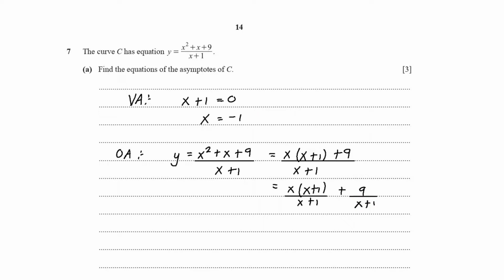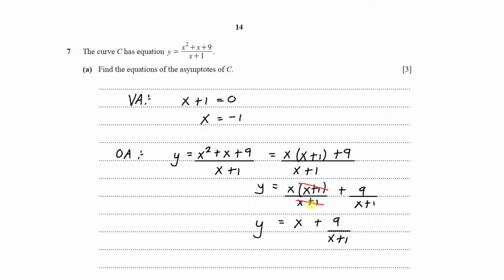Alright, so you can notice that we can cancel out the x + 1s here, and we're left with x + 9/(x + 1). So that's y = x + 9/(x + 1).